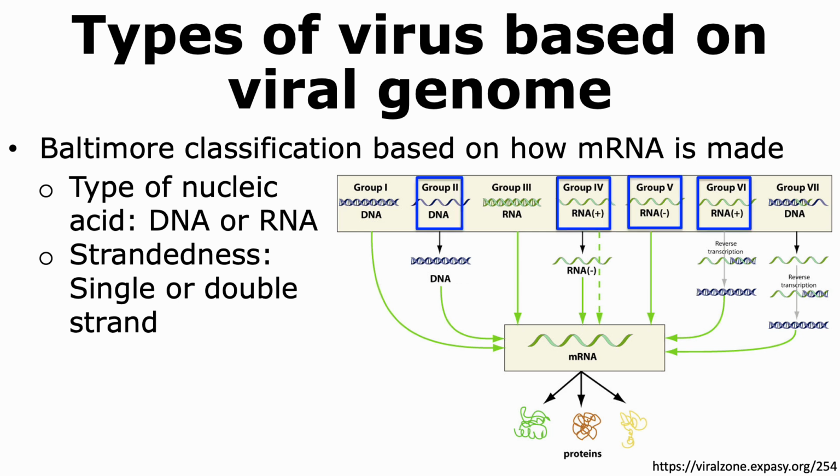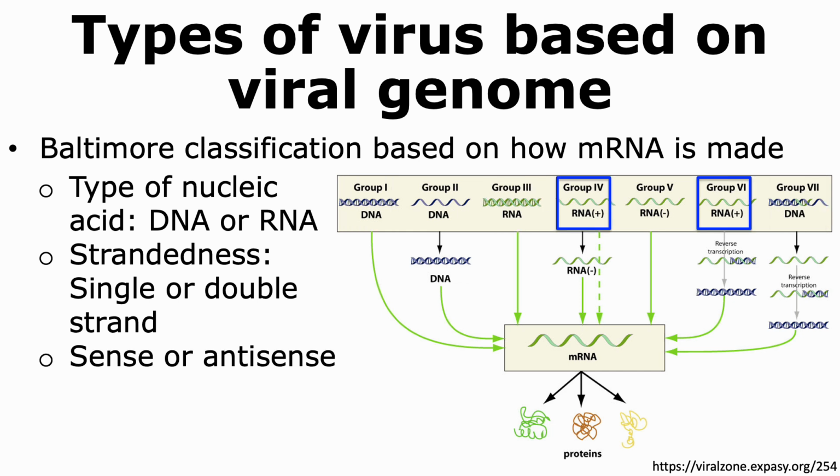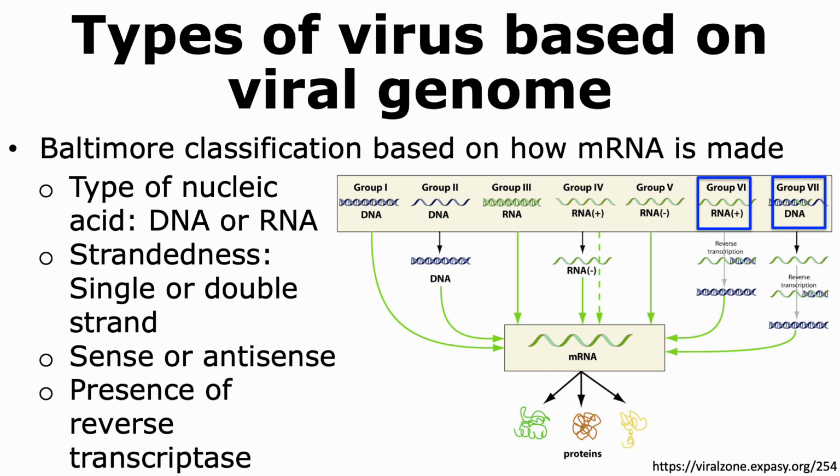Are the nucleic acids single-stranded or double-stranded in the viral genome? It also takes into account whether there is sense or antisense genetic information in the viral genome. Finally, it takes into account whether the virus uses reverse transcriptase during the infection process.